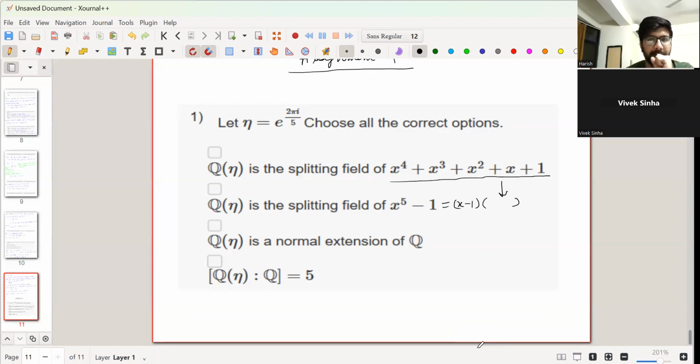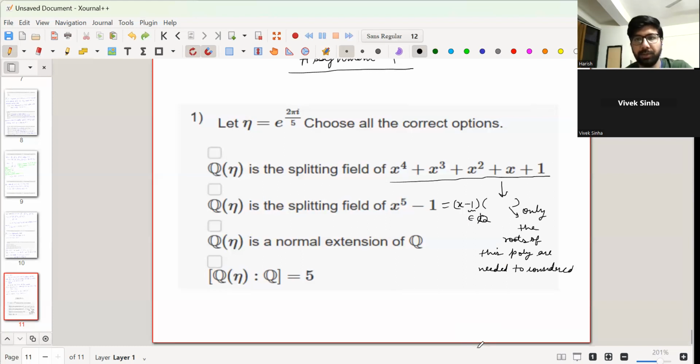So this root is already there inside Q. Only the roots of this polynomial need to be considered, because that one is already inside Q. So why will you worry about it?